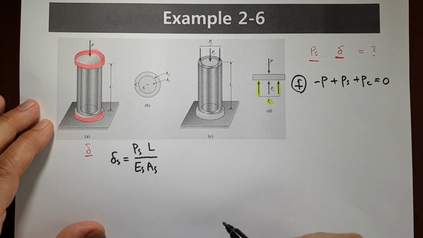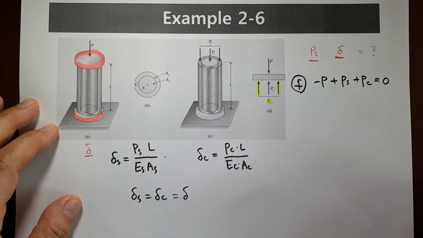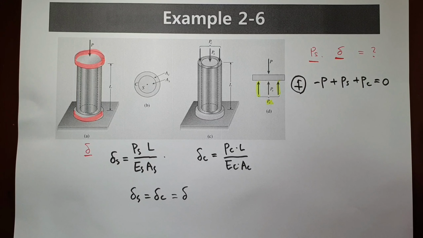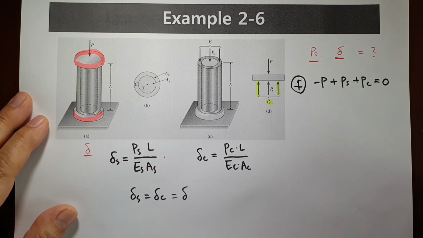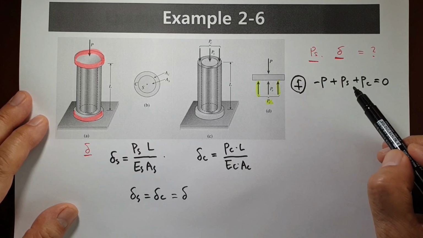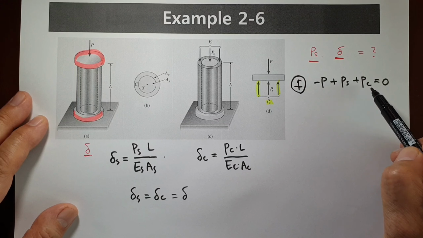Okay, based on this requirement, 1, 2, 3. This one is maybe delta. Finally, you can get. Based on this kind of requirement, based on this kind of consideration, you can calculate the relationship between PC and PS.